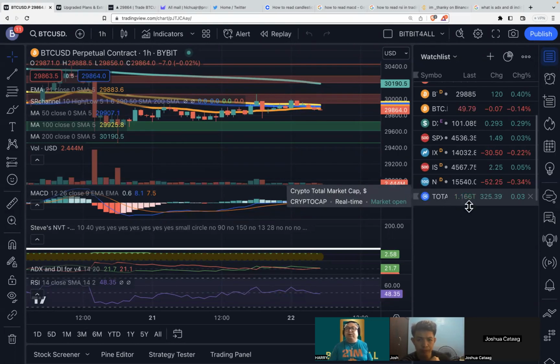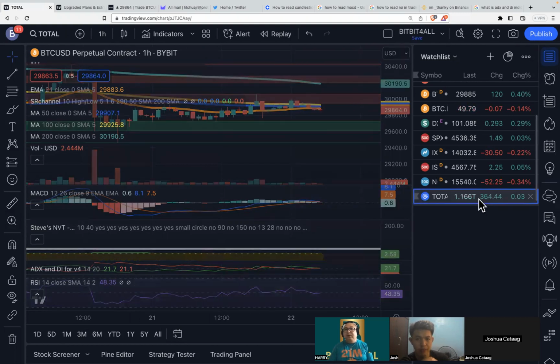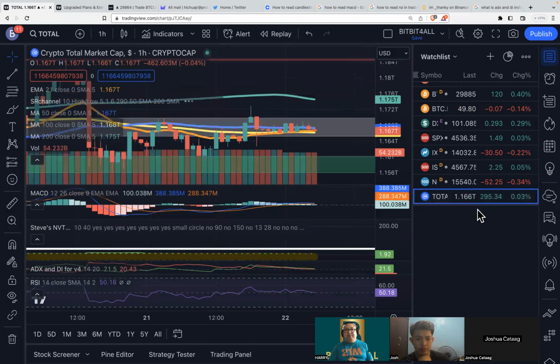Okay. So ito yung total market cap sa lahat ng crypto including BTC, okay? So at the moment, 1.1 trillion. Ano yung total market cap? Yeah, that's the total amount of money poured into the crypto market.